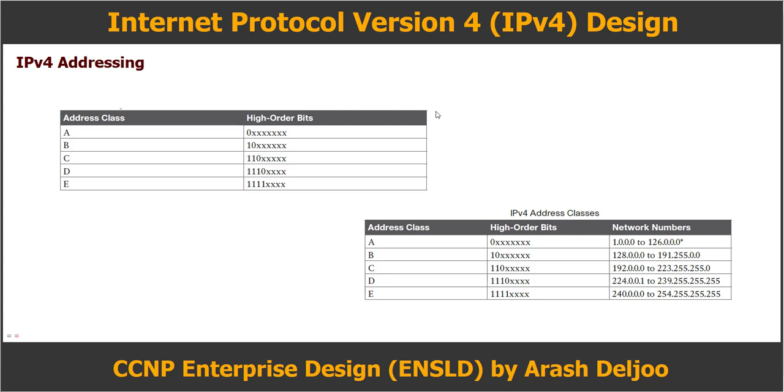We should review all of the details that we have here. For example, how many bits in each class A, B, or C are network bits, and how many bits are host bits. We should talk about them. Actually, I'm going to use the CCNA video that I have created before for this part.